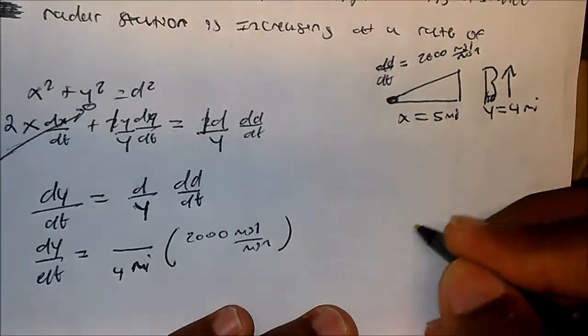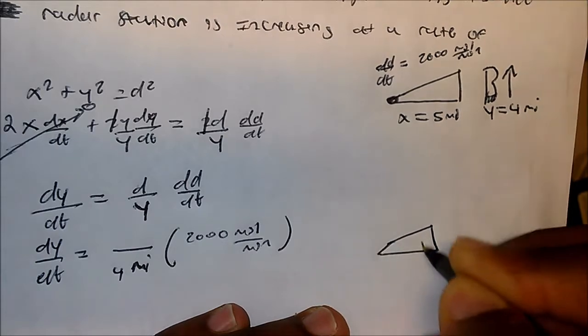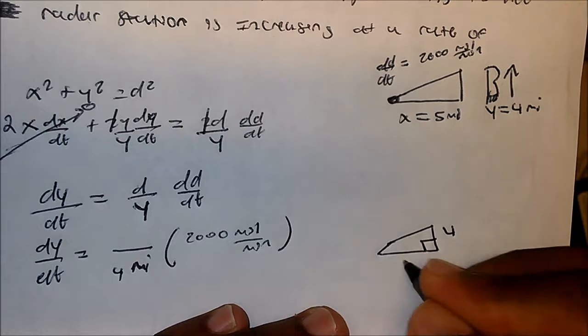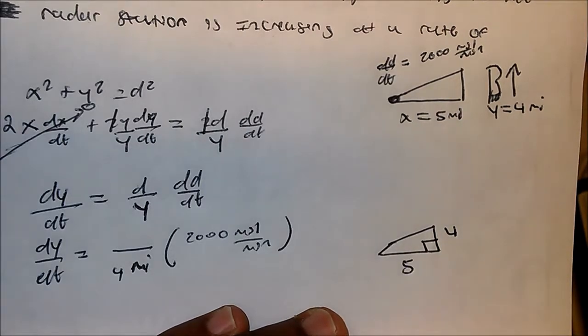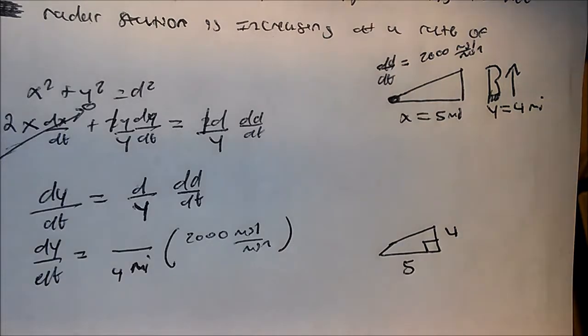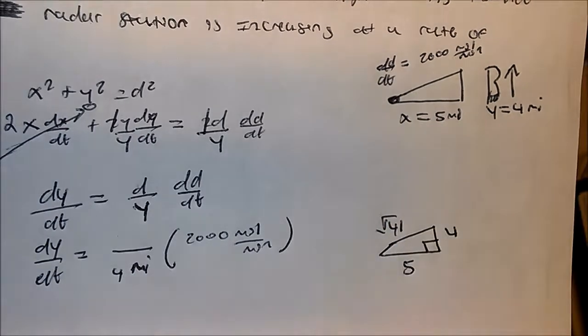So a right triangle, something like this. Sorry, my triangles are horrible, right? So this is 4. This is 5, right? And again, using the Pythagorean rule here, c squared is going to equal 5 squared plus 4 squared, so c is the square root of 5 squared plus 4 squared, and that is just the square root of 41, right?